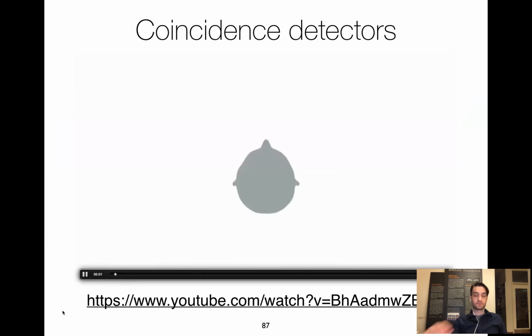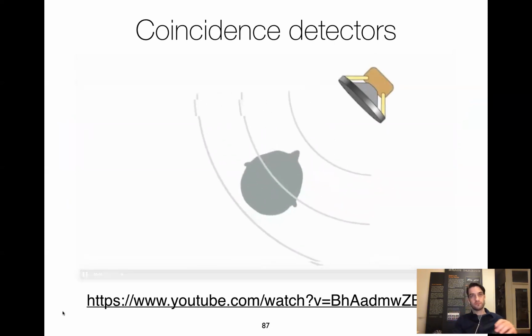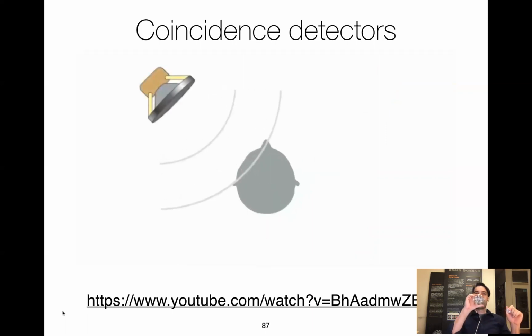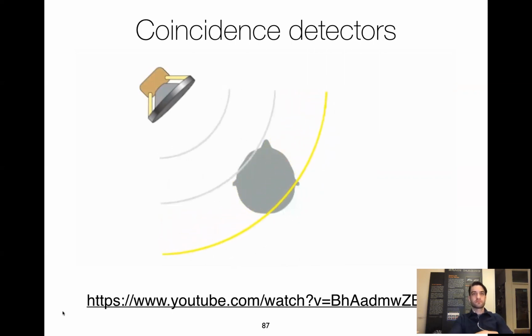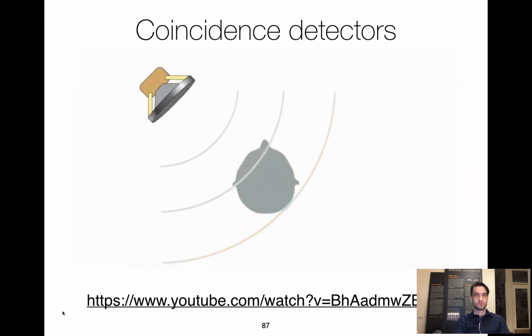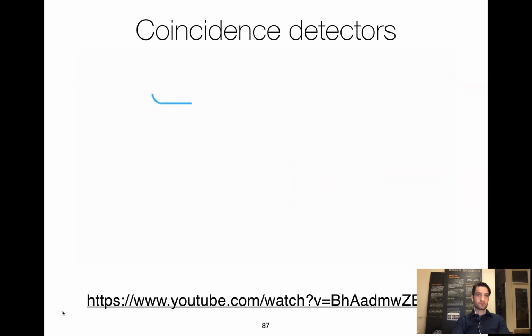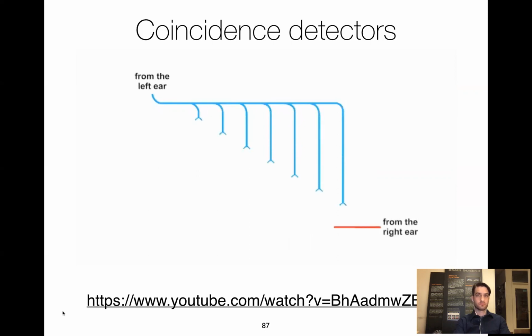Humans and other animals have the amazing ability to locate the source of a sound in three-dimensional space. A sound originating from the left side of your head will reach your left ear before it will reach your right ear. And this time difference is analyzed by neurons in the brain to extract information on sound location. In this model system, sound signals from the left ear are transmitted via the blue axons, and sound signals from the right ear are transmitted via the red axons.